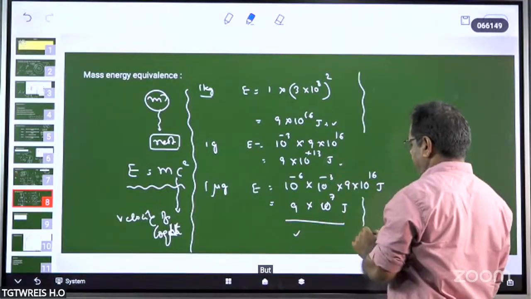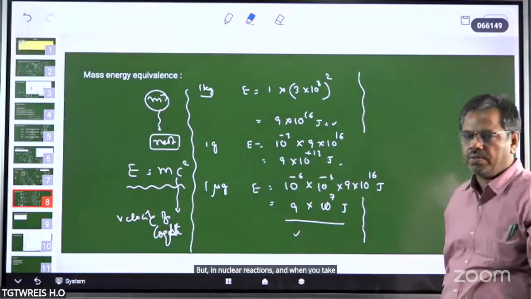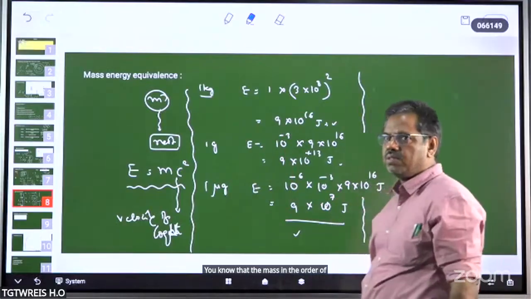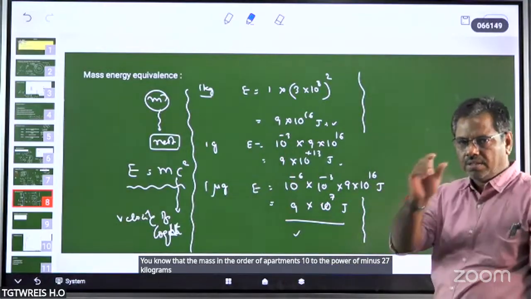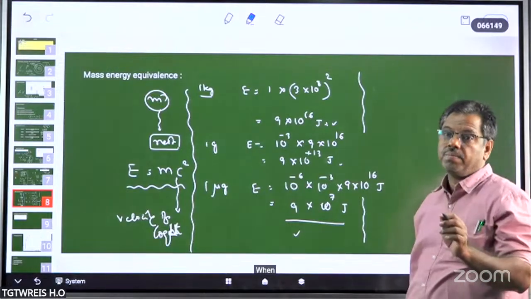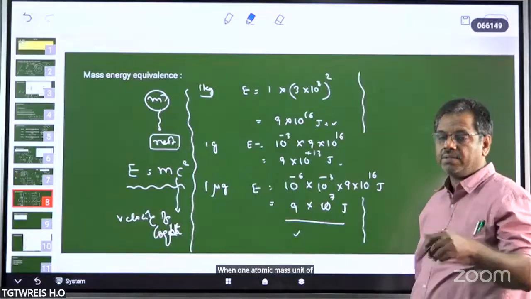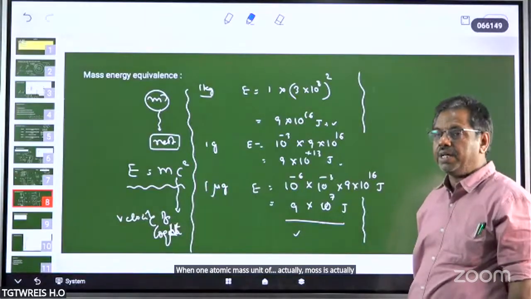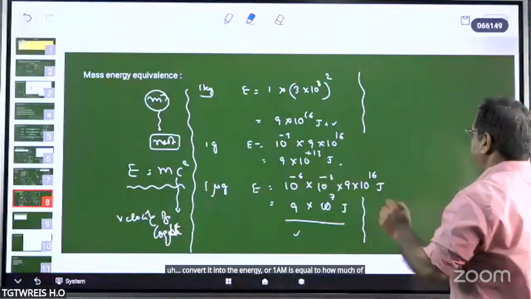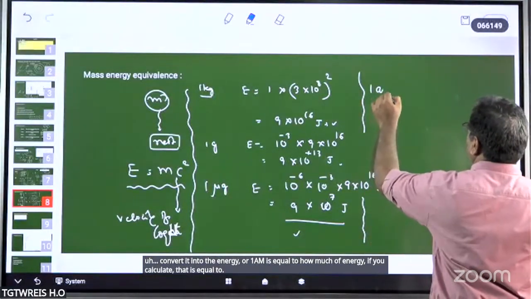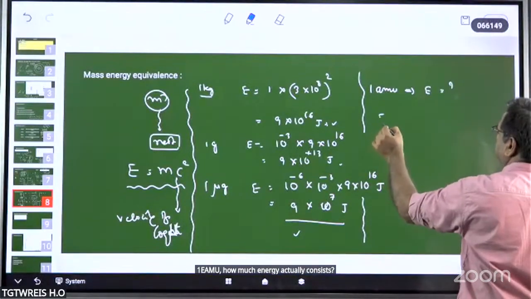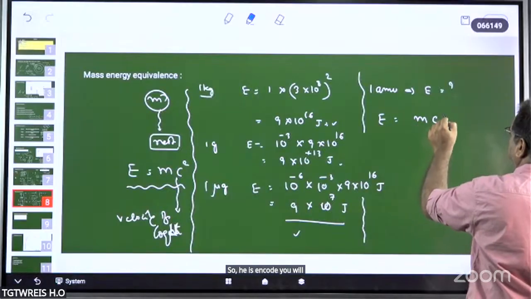But in nuclear reactions, when you take the nucleus, you know that the mass is in the order of 10 to the power of minus 27 kilograms itself, or in terms of atomic mass units. When one atomic mass unit of mass is converted into energy, or 1 AMU is equivalent to how much energy, if you calculate, E is equal to M into C square.